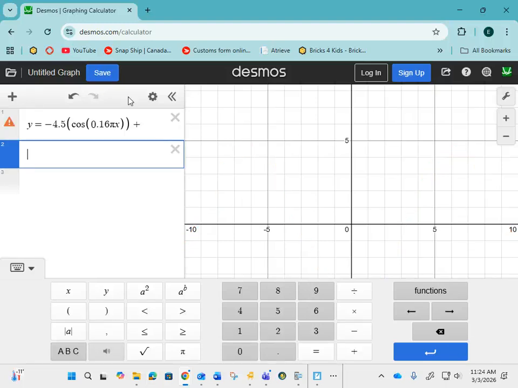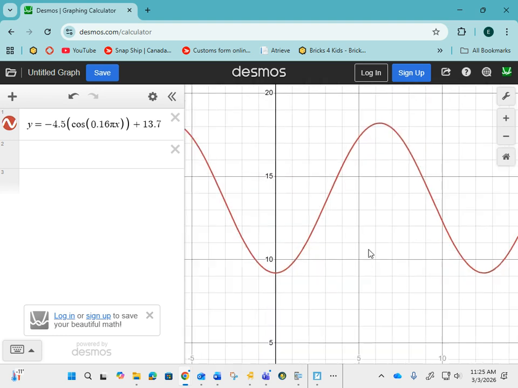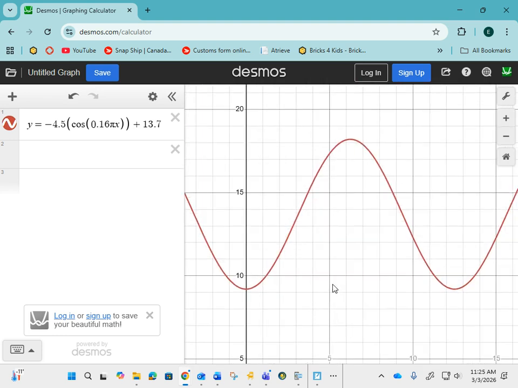Oops, plus 13.7. And of course I can't see it, but on this one I can just drag my screen. It's really nice.